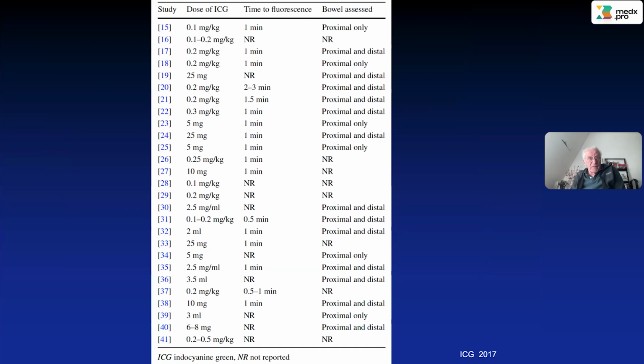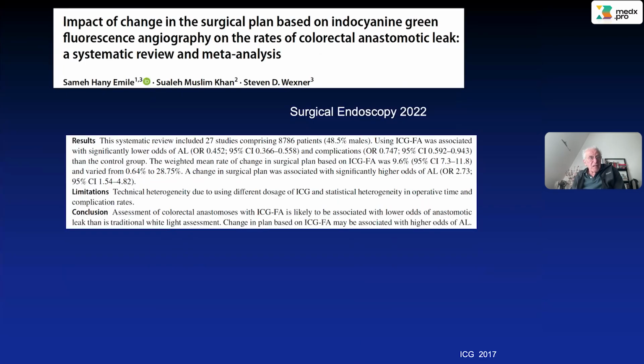You can see how that varied from one study to another. And they said that it was likely to be associated with lower odds of anastomotic leak than traditional white light assessment. However, when the ICG detected something wrong and the surgeon decided to change plans, there was a higher odds of anastomotic leakage.